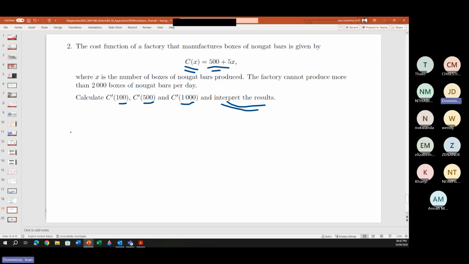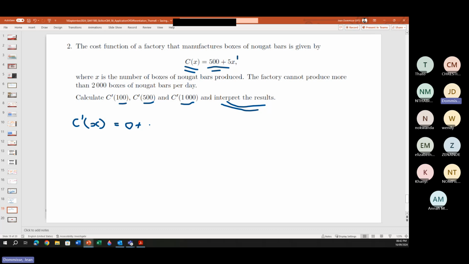So that's the cost function. Let's get the first derivative, or differentiate that. So 500 is a constant. So if we derive that constant, it's 0. But look now at the second one. So 5x, remember that's a power of 1.